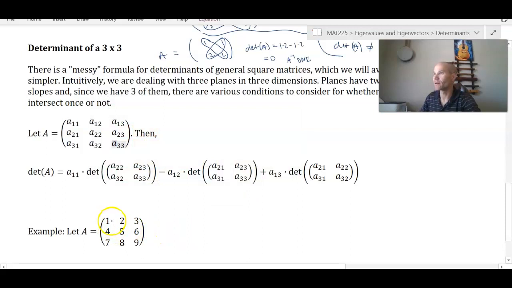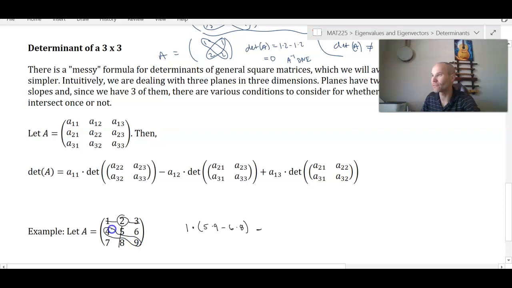So here we go. Start off here. A11, that value, cross out the column and the row of A11. So 1 times the determinant of this matrix right here. That's going to be 5 times 9 minus 6 times 8. We have this minus sign here, and now we need to move over to this value, cross out the elements in the same row and the same column. 4, 6, 7, 9, compute the determinant of that.